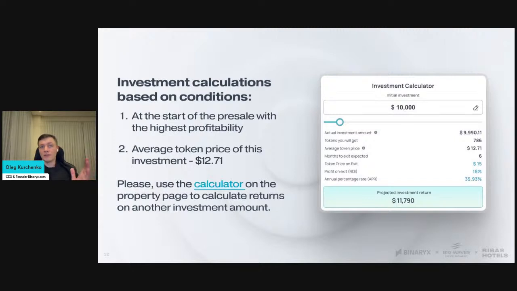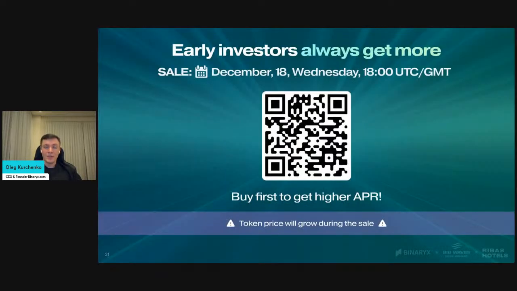Of course, we have an investment calculator that you can find on the property page, and you can see how it works. You can use it by yourself and calculate your own investment strategy.